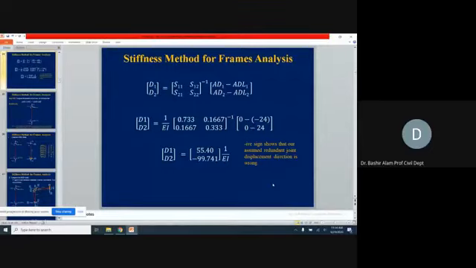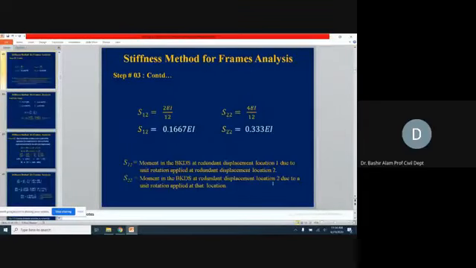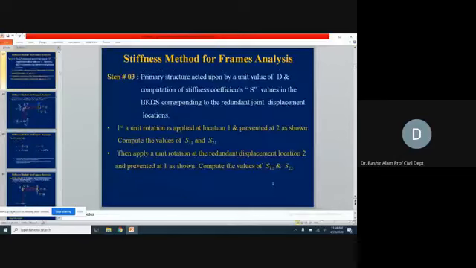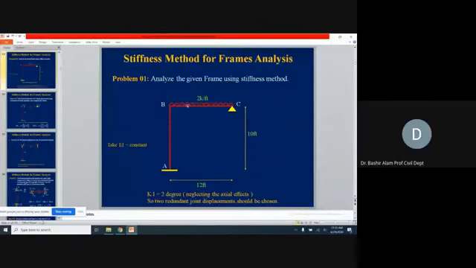It is not in clockwise direction, it is in the counterclockwise direction, and which makes sense also. If we go through the deflected shape of this one, let me go back here. Look how it is going to deform now. It is going to deform this way. If you are looking at the cursor, if I follow this, it is under the load, it is going to deform this way.